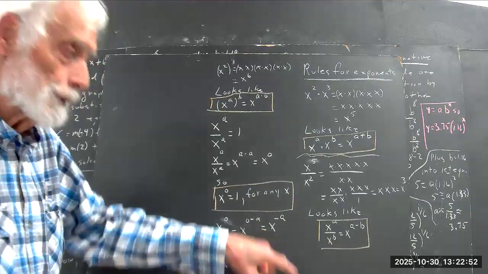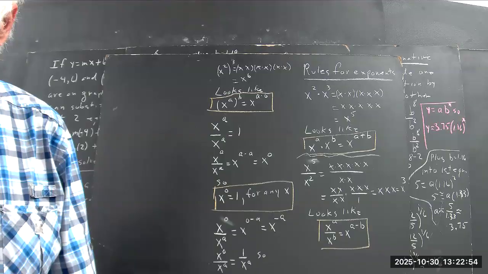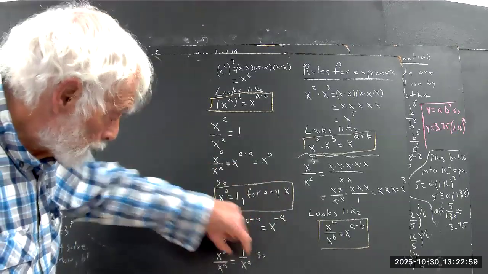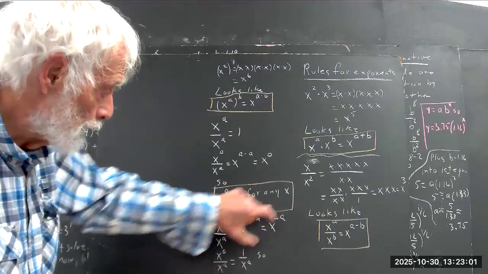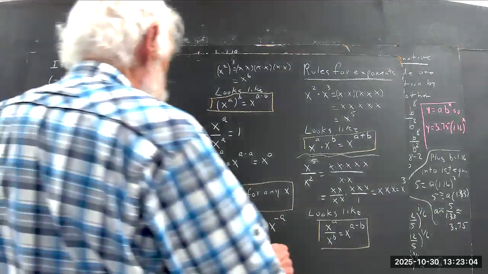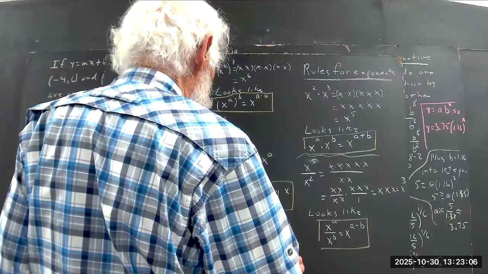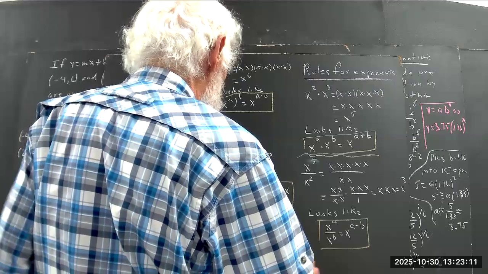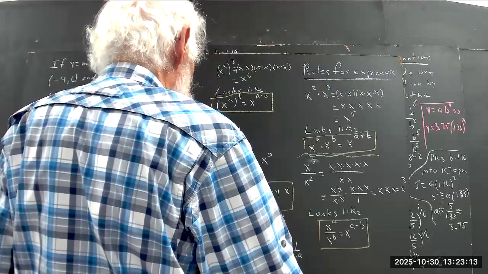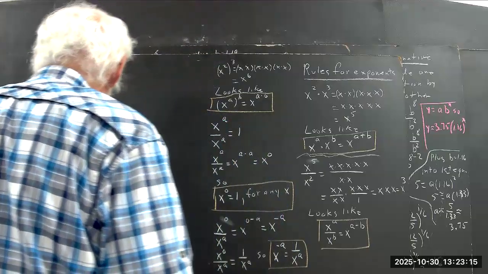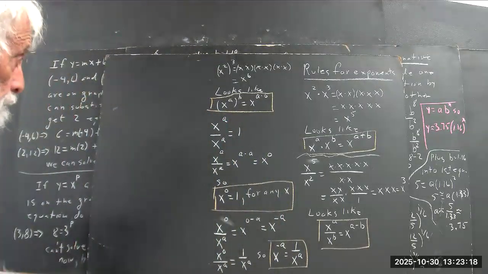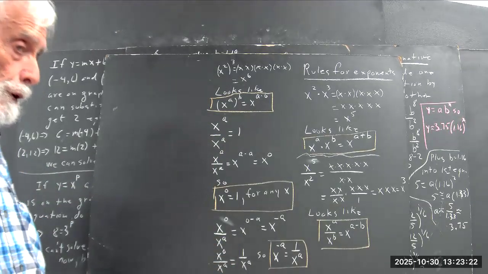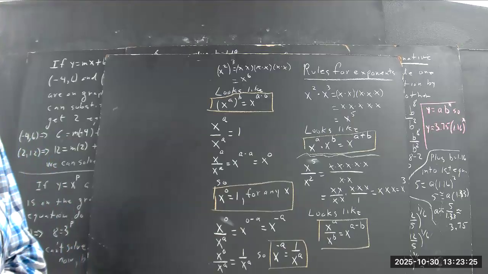Okay? In other words, this is equal to this, and this is equal to the same thing. So this has to equal this. So we can say that x to the negative a equals 1 over x to the a. So there are most of the rules of exponents, the ones at least that we're going to need to deal with exponential functions.